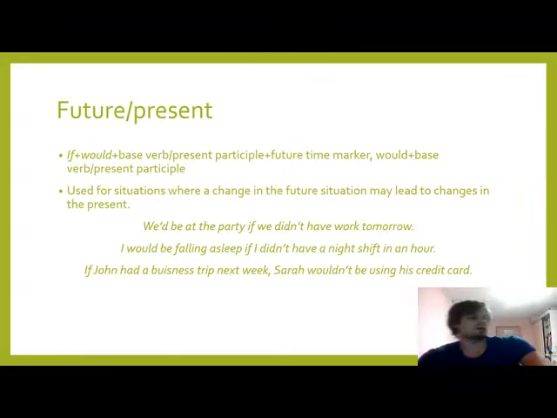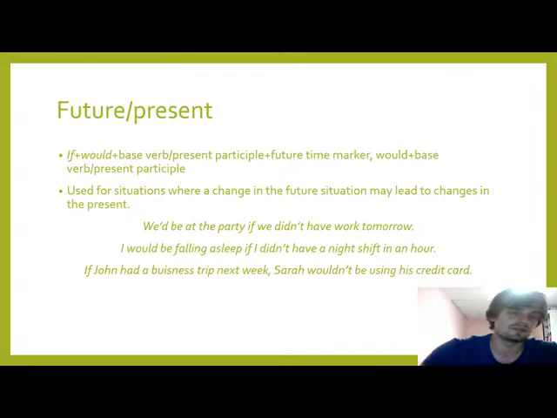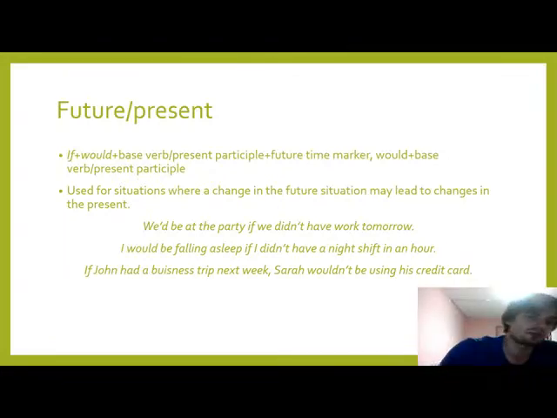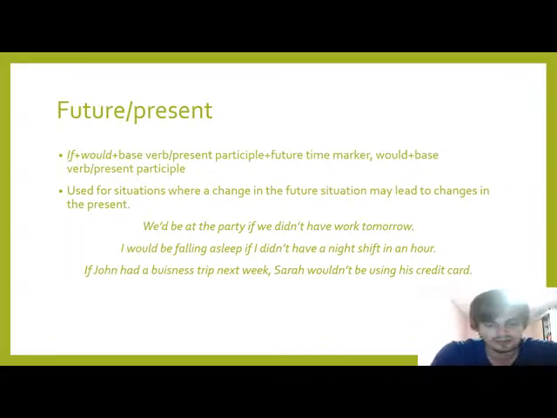And our second and last mixed conditional is the future condition and a present result. It is used for situations where a change in the future situation may lead to changes in the present. So if we have future plans, that means some changes in the present which would also have to be made. It's formed with the if, then the subject, then the modal would, then the base verb or the present participle and a future time marker.